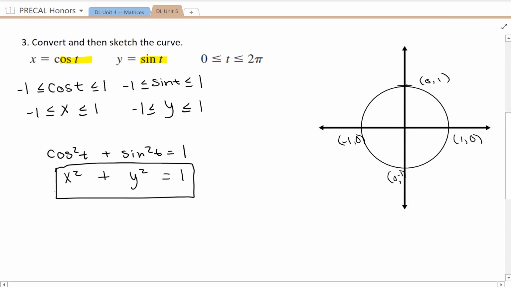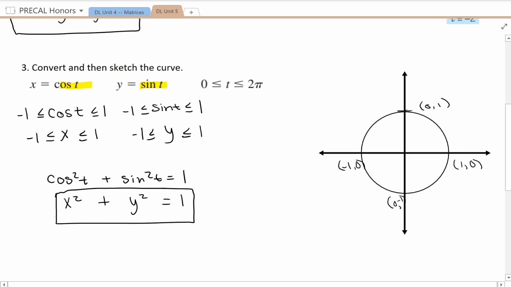Now, which direction is the trace going? I want you to draw arrows on your graphs, even if it's not included in the answers. To do that, I'm going to check just the first two values of t to get the direction. So I'm going to plug in 0 and pi halves.